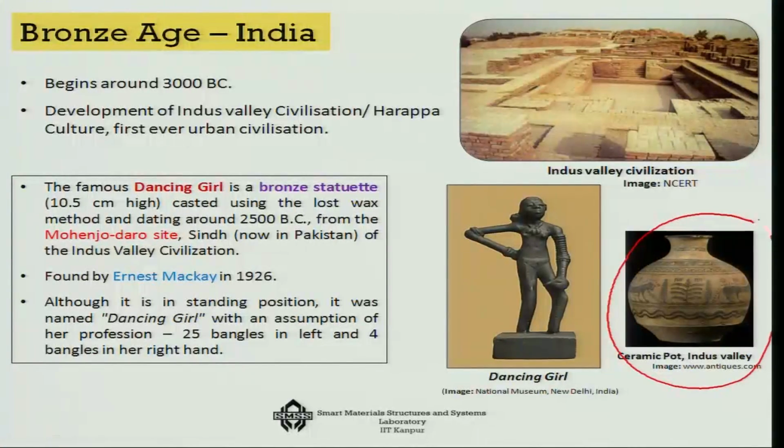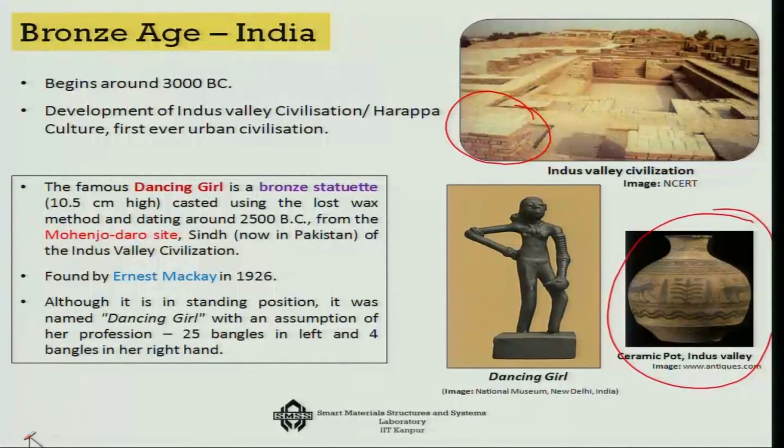In fact, ceramics played a very important role in the Indus Valley civilization, and we claim that India is possibly the first place where ceramics and, to some extent, ceramic composites were discovered, and they were hugely applied for pottery, for making bricks, for beautiful building constructions. So, ceramics played a very important role in all these things.